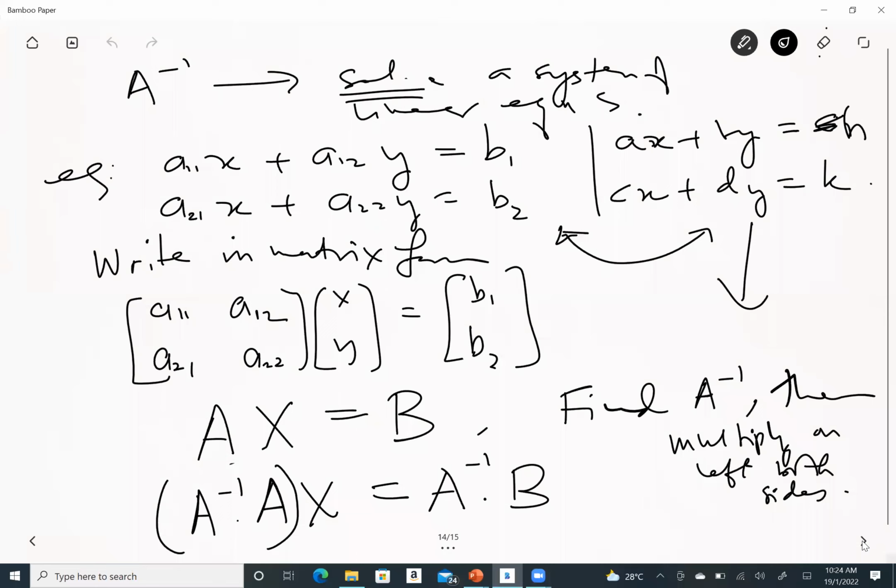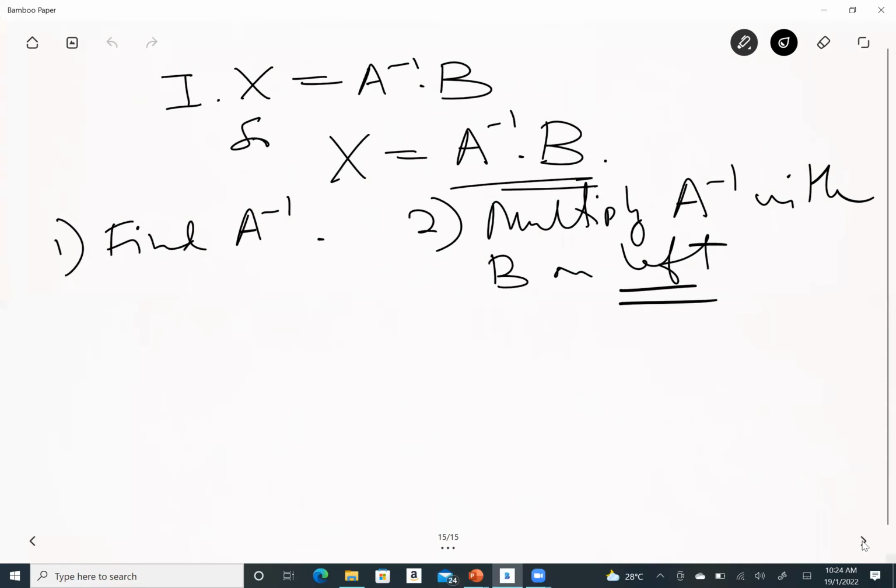You don't have to multiply the A inverse with A on the left. Why? Because we know that it's going to equal I. So all you do is multiply A inverse with B on the left. Okay, so you got the solution. So that is the method. That kind of question, we look at the book.